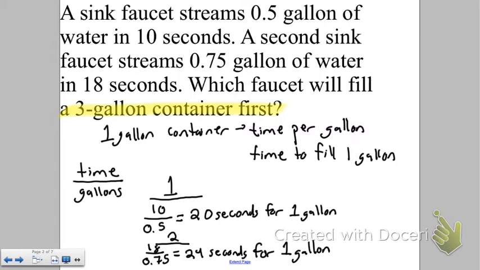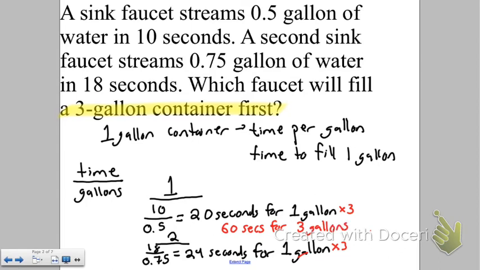Since I have the time for 1 gallon, I can just multiply everything by 3 to determine for 3 gallons. So the first one will take 60 seconds for 3 gallons.